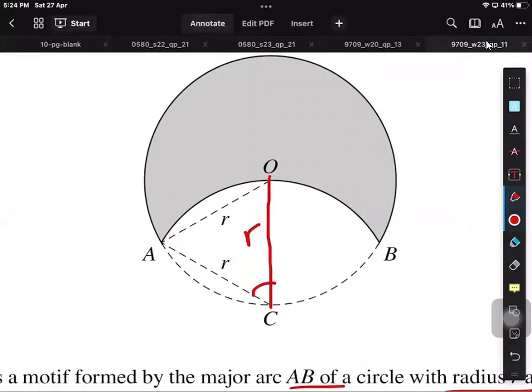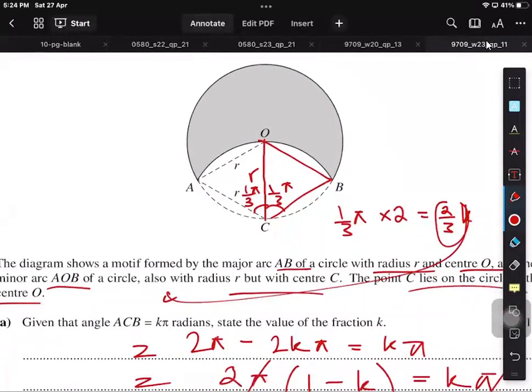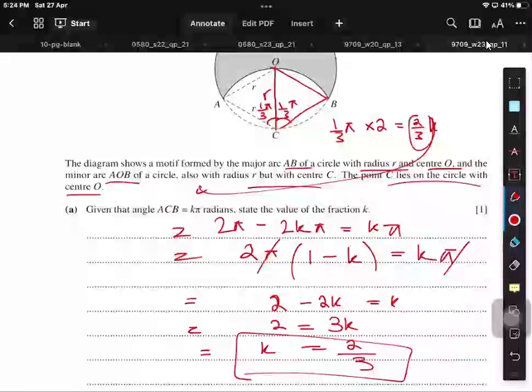It's an equilateral triangle, and in an equilateral triangle, this angle is going to be 1 over 3 pi, which is 60 degrees. And I can say the same for this side too. So 1 over 3 pi times 2, that would be 2 over 3 pi. So k would be 2 over 3. Easier. That's an easier method of doing this. Okay, I'll just write this here.